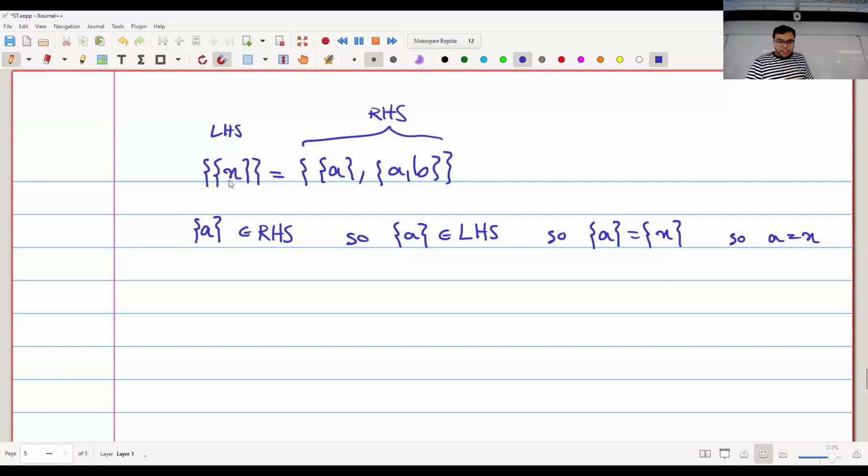But then I can come back here and I can again say these two sets are equal. So if I take an element of the right-hand side, it has to be in the left-hand side. So the set AB is in the right-hand side, so it has to also be in the left-hand side, which means that the set AB is also equal to X.